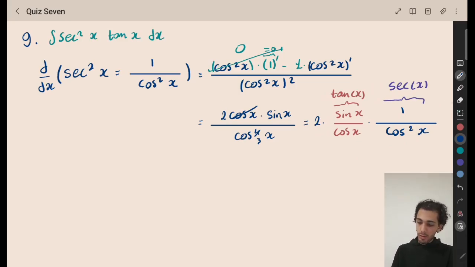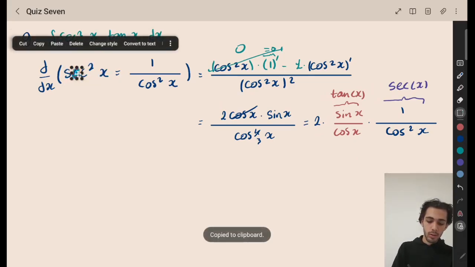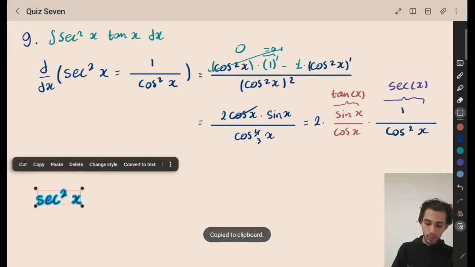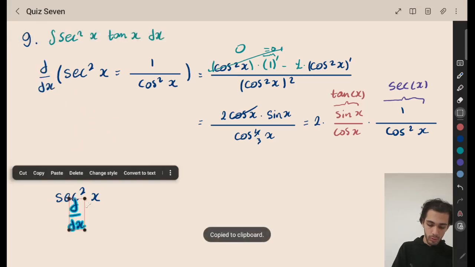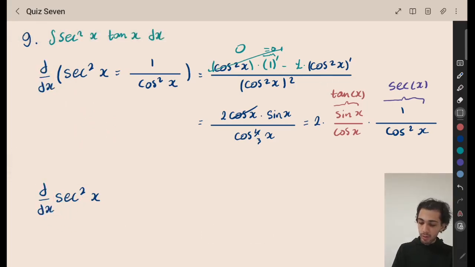So, if the derivative of sec squared of x is equal to, now I'll just write those immediately.